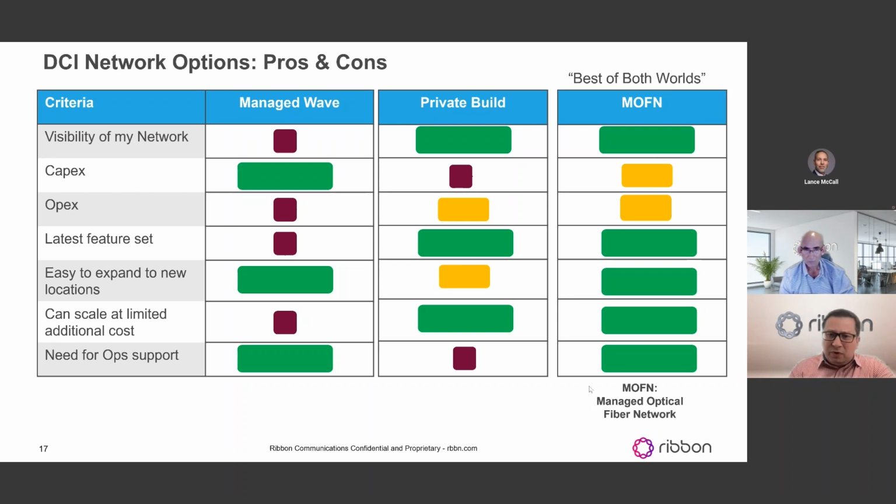Scale, right? As we talked about, scale is a big factor here, and looking at it continuously throughout this messaging. I can scale further based on that technology that's chosen, right? With a MOFN and a private network, the choice is on you to be able to add in the technology that can support the scaling needs that you have in that consultation service.